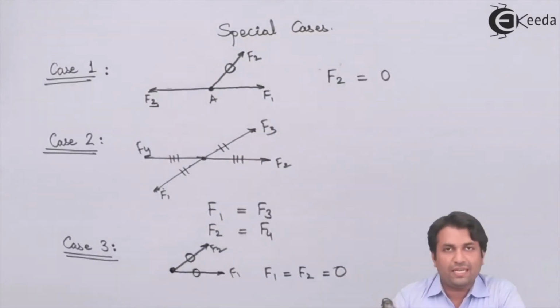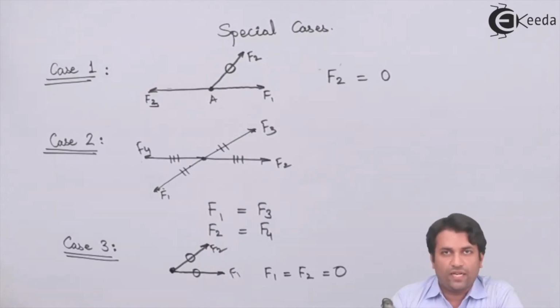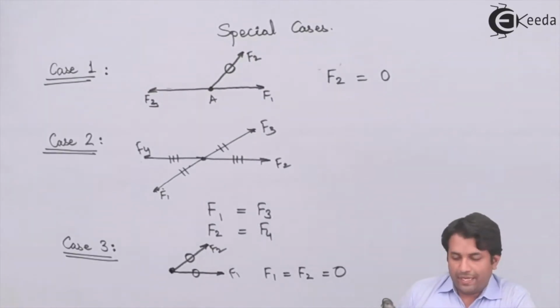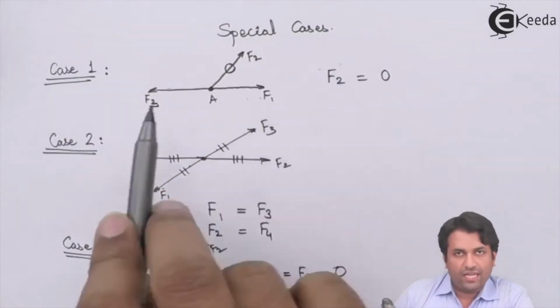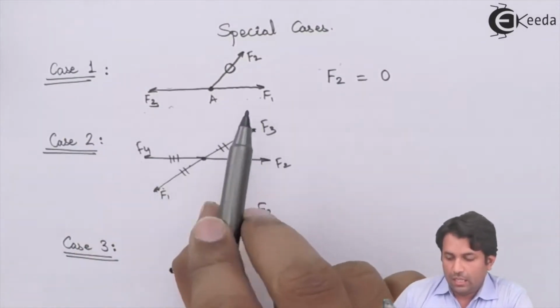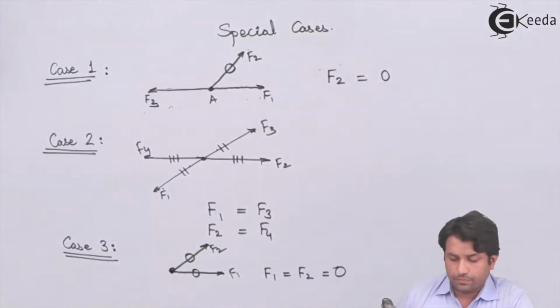So these are the special cases which we can use while solving any kind of truss. If we get any kind of special case in the truss, we can use it and then solve it. I just repeat that. Case 1: if I'm having two forces F1 and F3 and they are collinear, the force in member F2 becomes 0.